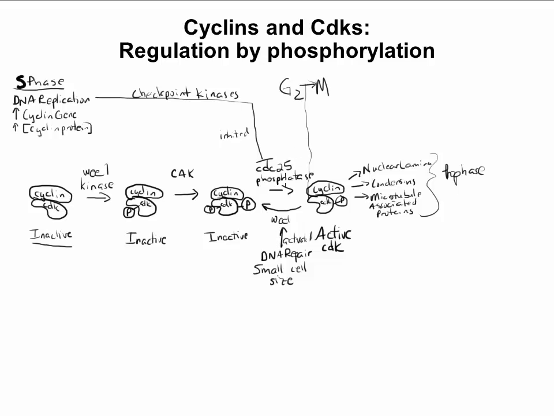Now, there's another little twist on this that actually is an example of positive feedback. It turns out that another target of the cyclin CDK complex when it gets activated is the CDC25 phosphatase itself. And so when cyclin CDK is activated, it phosphorylates CDC25 in such a way as to make it even more active.